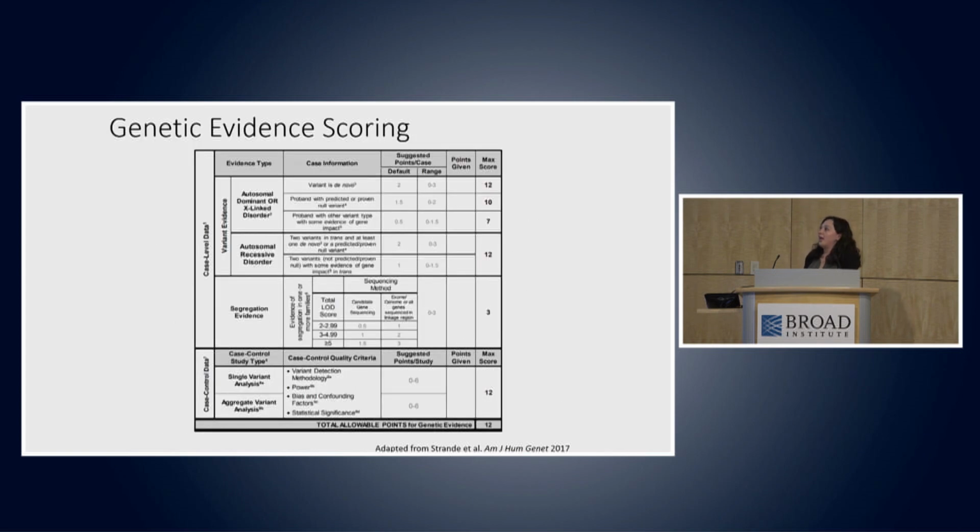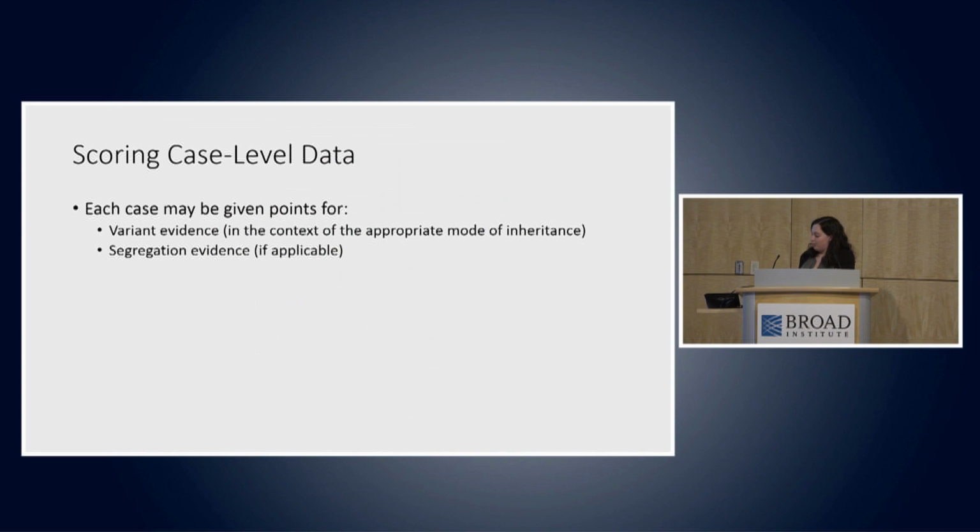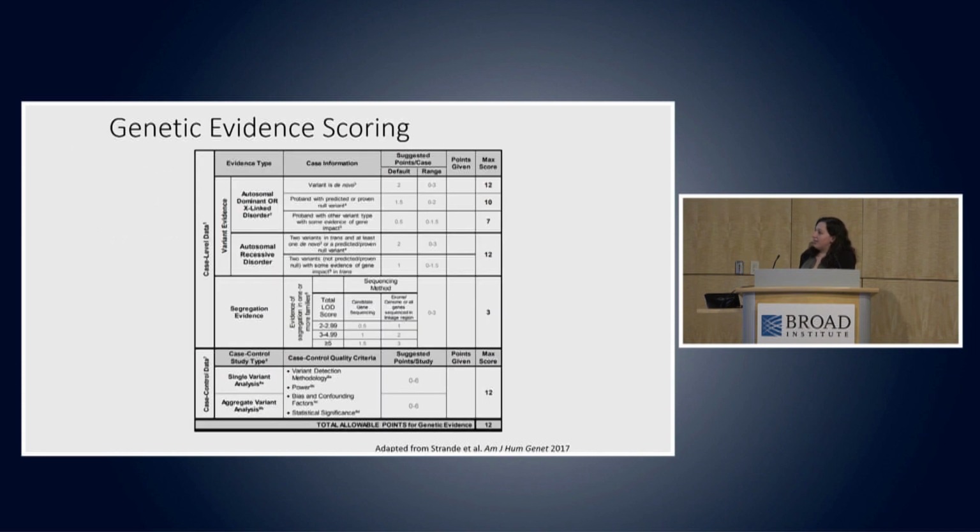So this is the genetic evidence scoring matrix, and we'll go into this in detail. A broad overview is, it is separated into case-level data and case-control data. Case-level data will include scoring variants and the variant evidence and segregation. And case-control data will score two types of case-control studies, single variant analysis and aggregate variant analysis. The total allowable points for genetic evidence is 12 points.